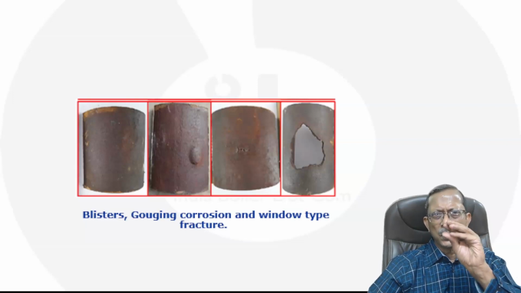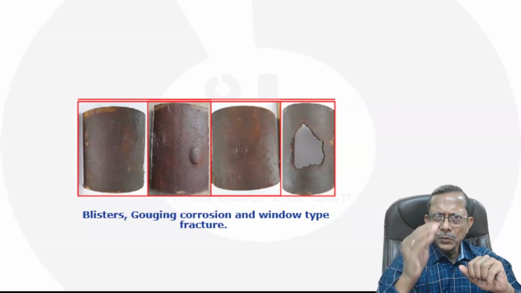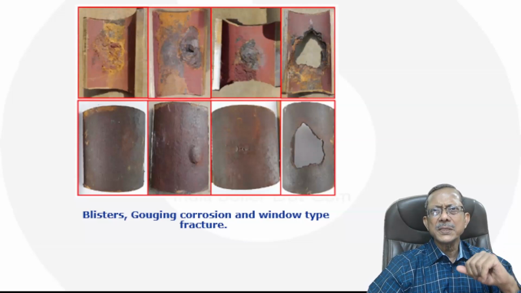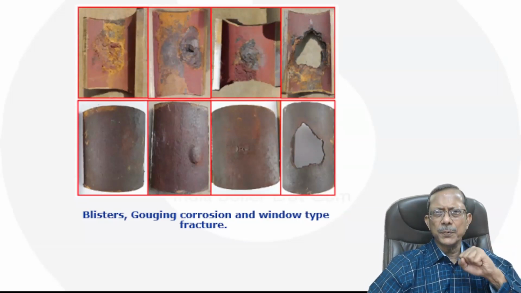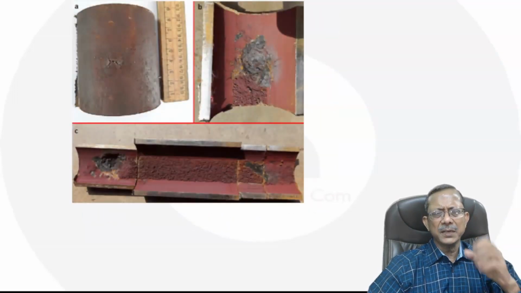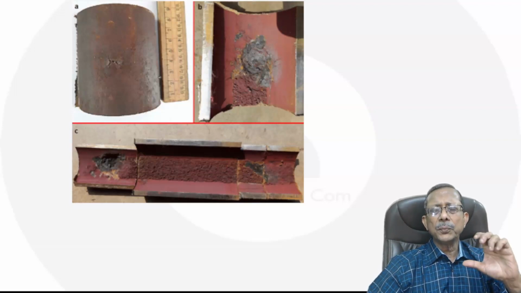Wherever there is a small area, the corrosion thins the material, and with pressure inside, it is going to form a blister. Inside, you could see clear indication of corrosion, a gouging type of corrosion, right? Some more samples which I checked were showing corrosion gouging.